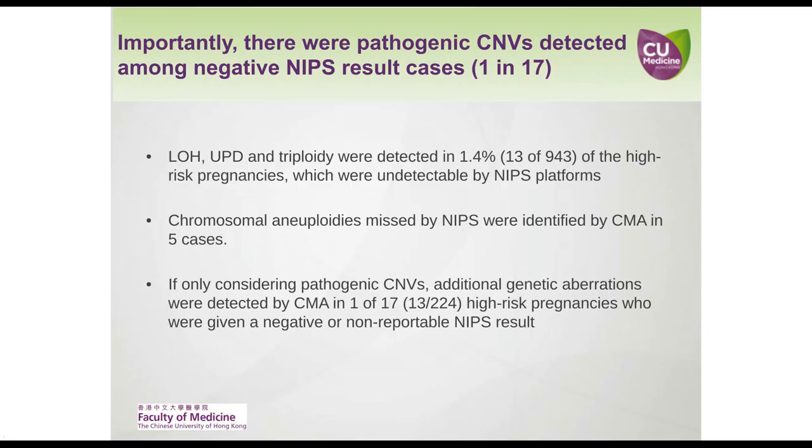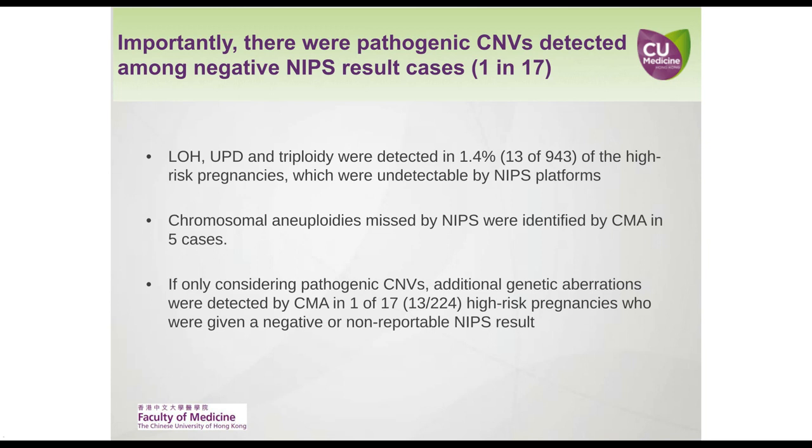Another very important point I want to raise is that pathogenic copy number variants were detected among NIPS negative cases, as high as 1 in 17 among this high-risk group. That demonstrates the beauty of microarray. Why? Some of them are UPD or triploidy, which can only be detected by the array, so this is why NIPS missed them. That is about 1.4%.